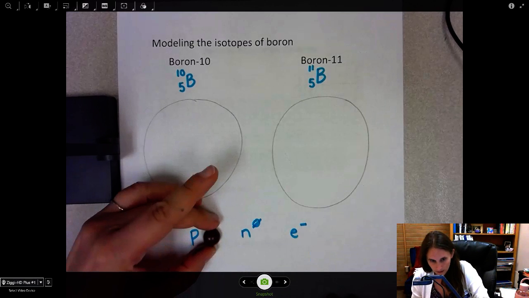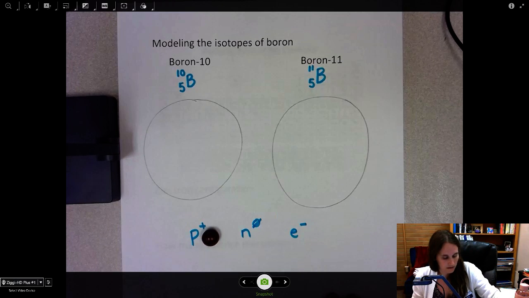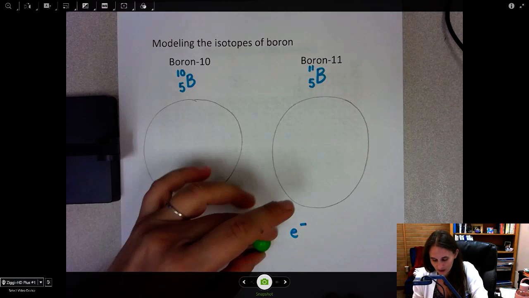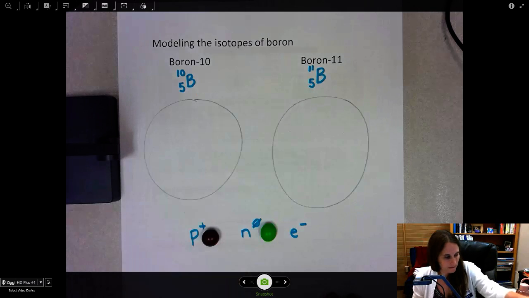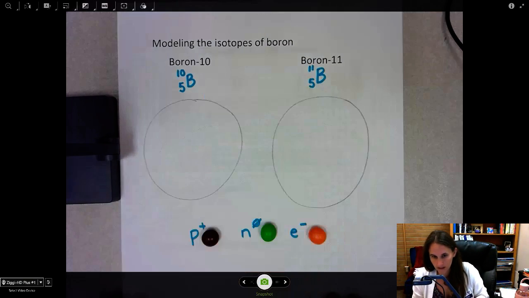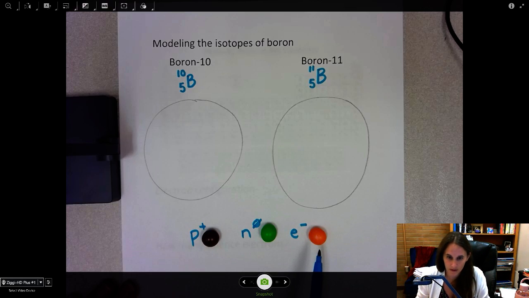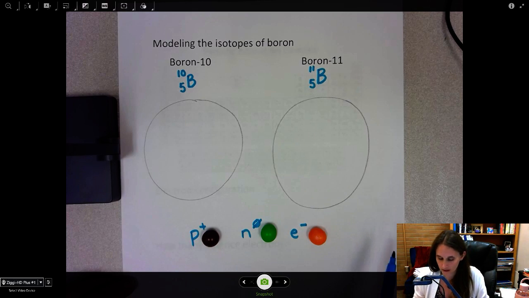Because I like alliteration, our protons will be our purple Skittles. It doesn't work for any of the others. Neutrons will be green, and then our electrons will be our orange Skittles. You can tell this isn't at all to scale, because we know that the proton is actually nearly 2,000 times bigger than the electron, but they don't make Skittles that small nor that large for that to work.